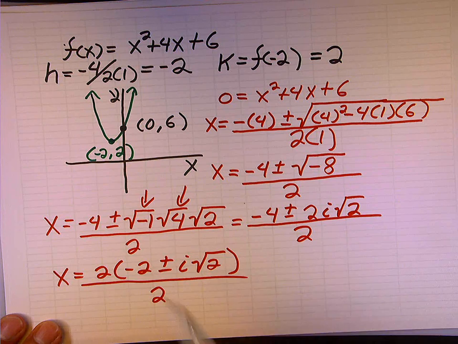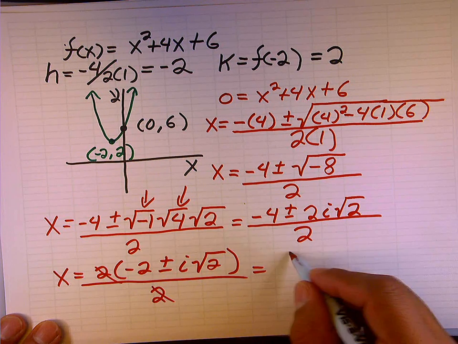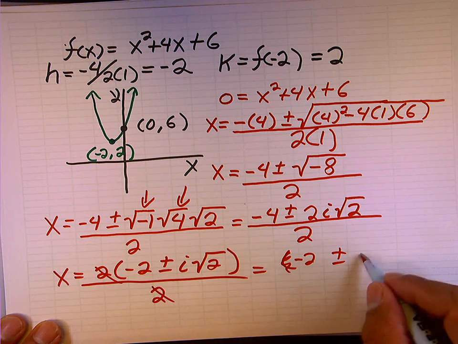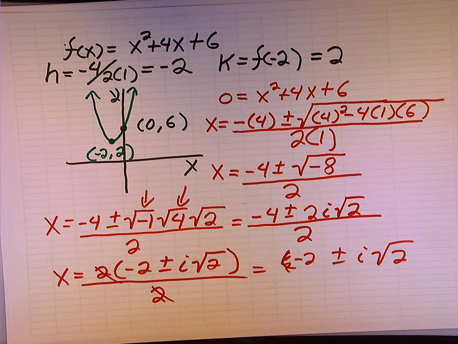And this fraction is reducible. I now have 2 x values. These are called the complex solutions. They have complex solutions because the answer isn't real. It has an imaginary component because my parabola does not cross the x-axis.